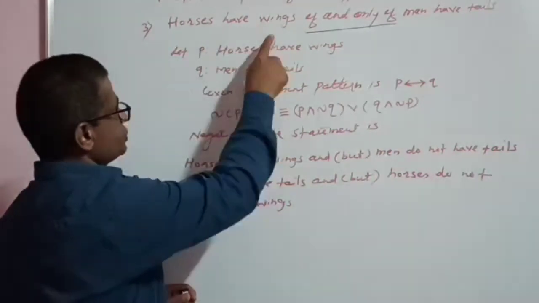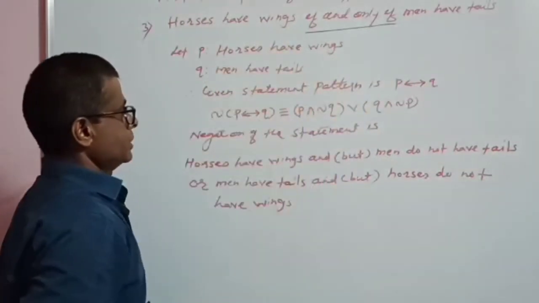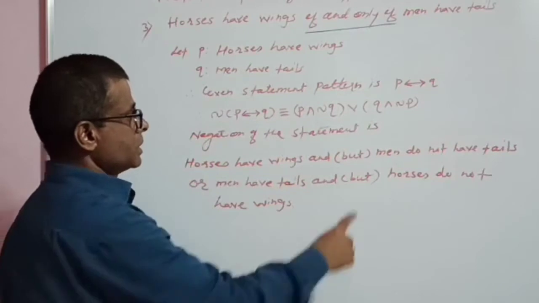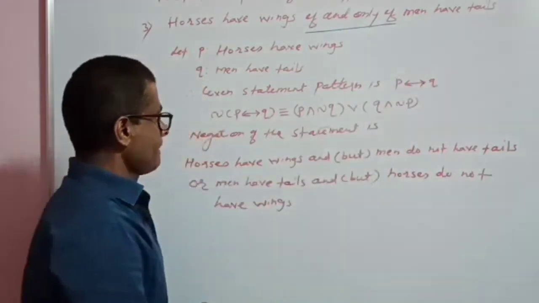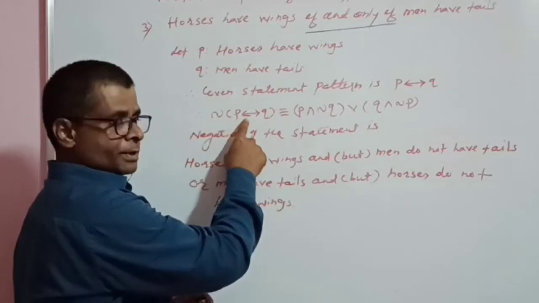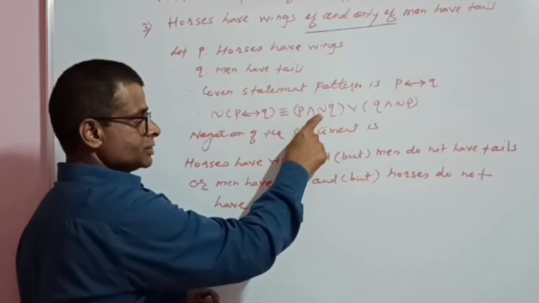Statement P: horses have wings. I will take Q as men have tails. So the given statement pattern in symbolic form is P biconditional Q.